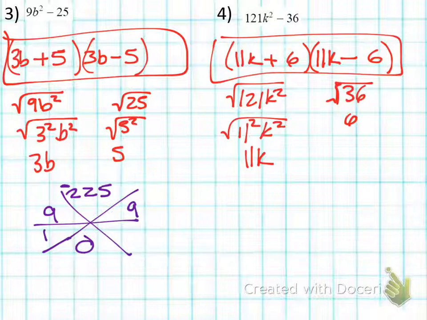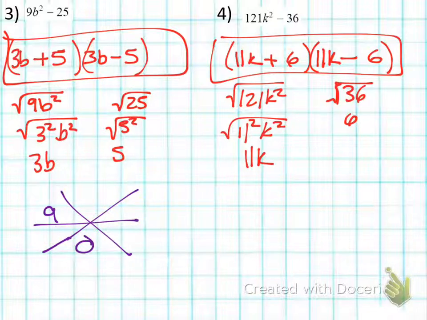So if they add to 0, they have to be the same number, just one positive and one negative. Okay, so I know that 225 is just 15 times 15. So I can use those as my factors and make one of them negative.